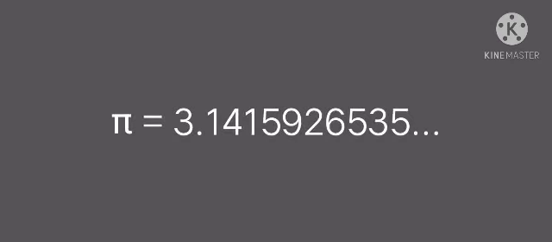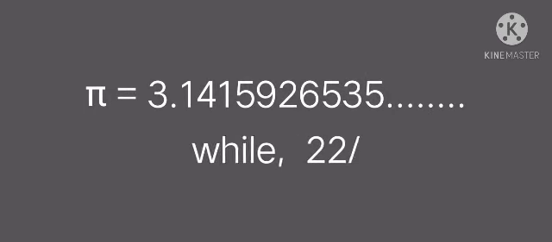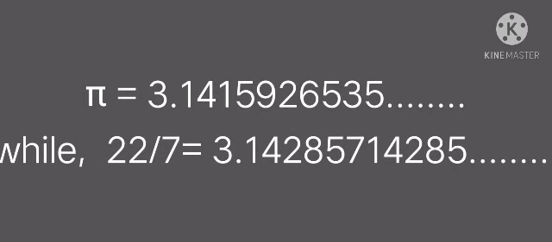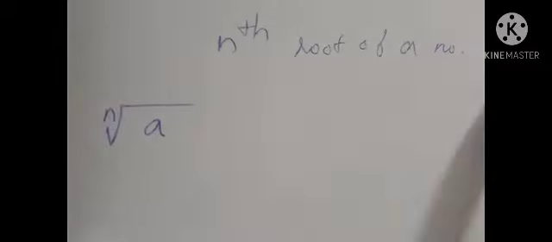In fact, pi equals 3.1415926535 etc., while 22 by 7 equals 3.1428571428 etc. Okay. The topic is nth root of a number.